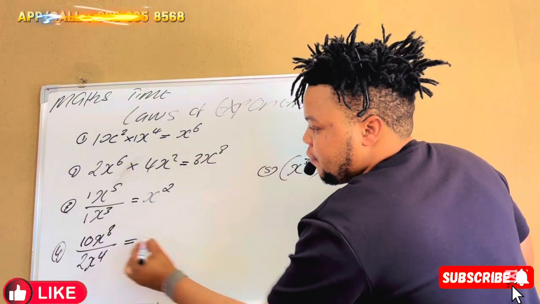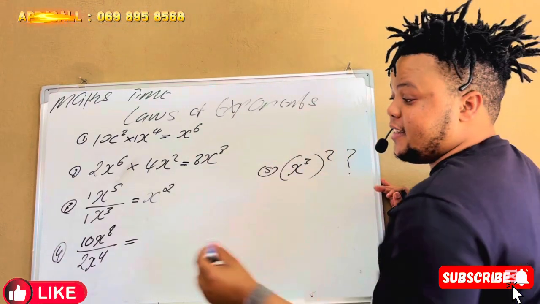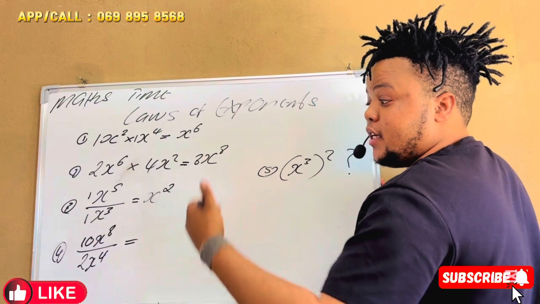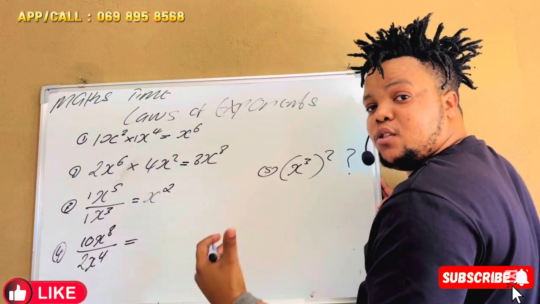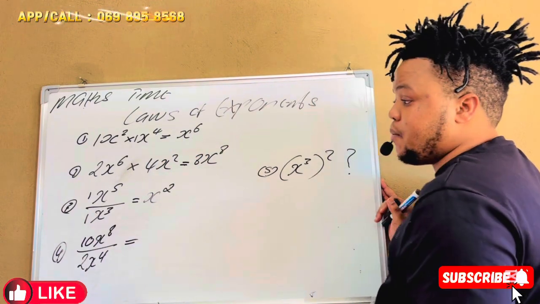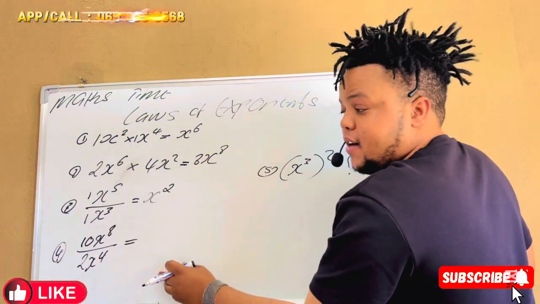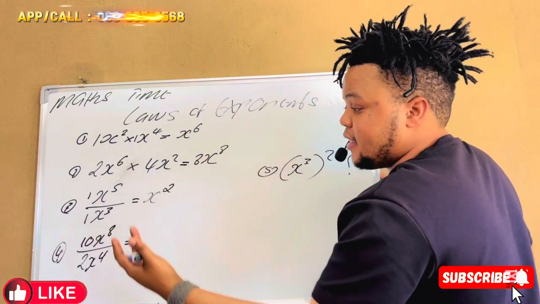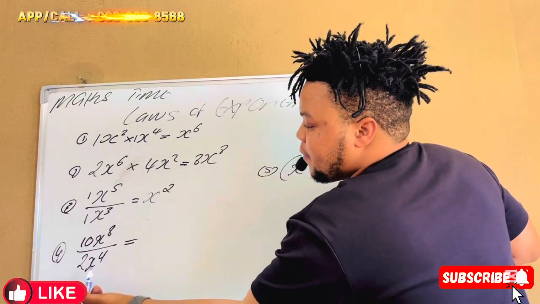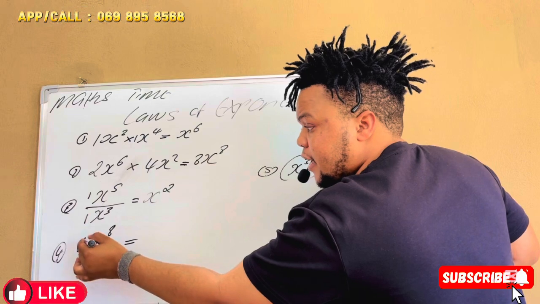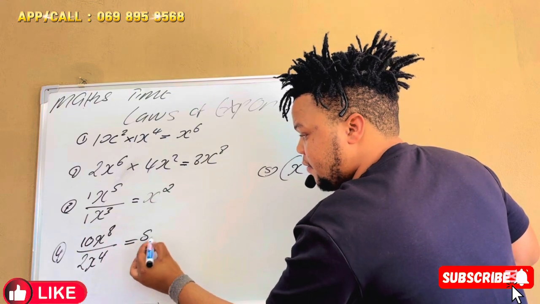Number 4, I'm applying number 3, which is about dividing the same base, you subtract the exponents. It's the same, but now we have numbers next to the variable instead of the invisible 1. So we are going to say 2 divided by 10, it's going to be how much? 5.